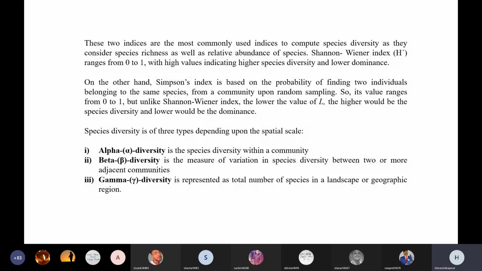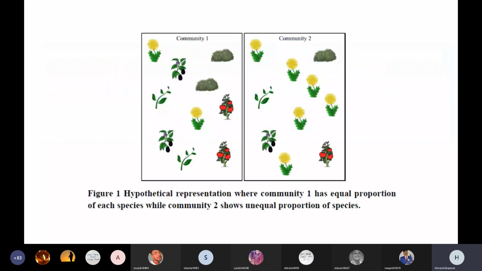Okay. Now coming to the types of diversity on the species scale. The first one is alpha diversity. What do you understand by alpha diversity? Going back again to this picture, this is a community. The diversity present in a single community is known as alpha diversity.